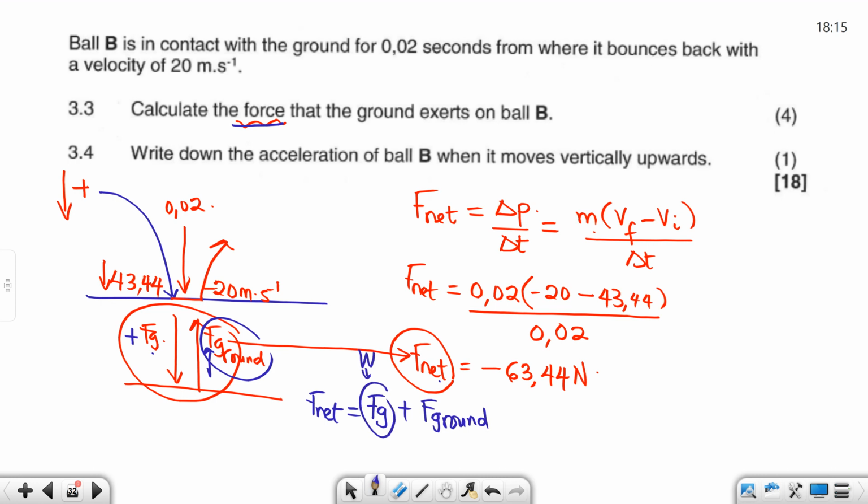That's what the ball exerts on the ground. What's my F net? Negative 63,44. What's the mass of the ball again? 0,02 multiplied by 9,8 plus F of ground. Do the maths for me quickly, everybody. I think you had something similar in your prelims.